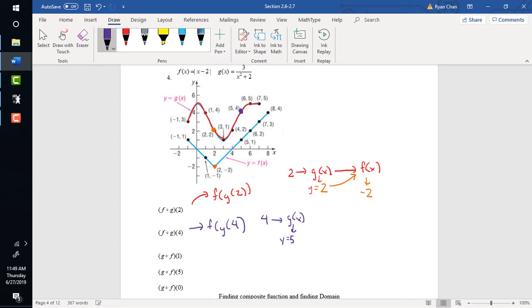Whoops, my apologies, I misread that. This one right here is my g of x. So I get 2, and then I plug this into f of x, and I also get the same result here. I look at x for 2, and that's negative 2 right here.